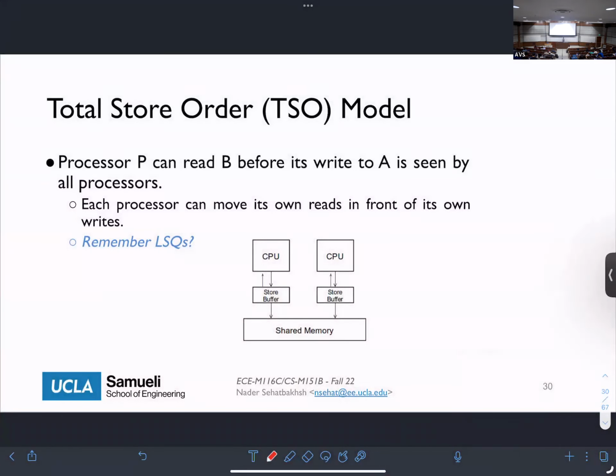Okay, so the TSO model says that if we have address B or address X or Y, we can read address B before the write to address A is seen by all the other processors. So basically what it means is that you can reorder reads before writes.